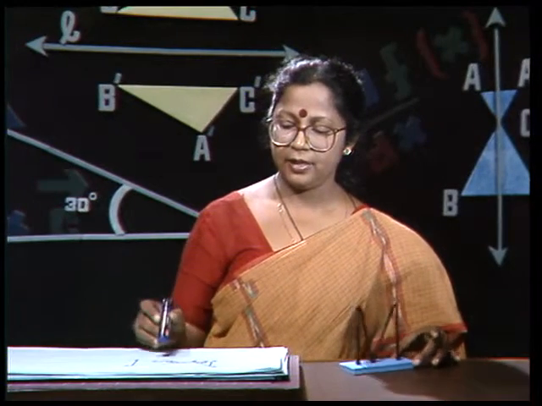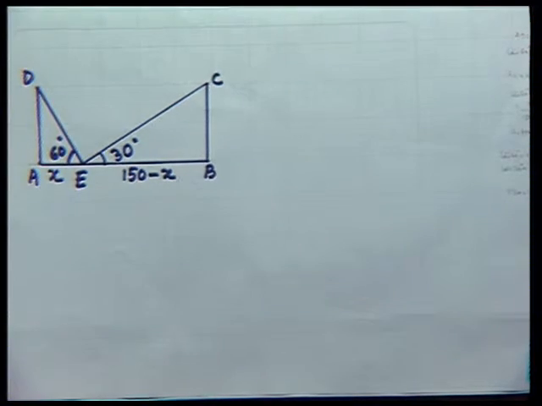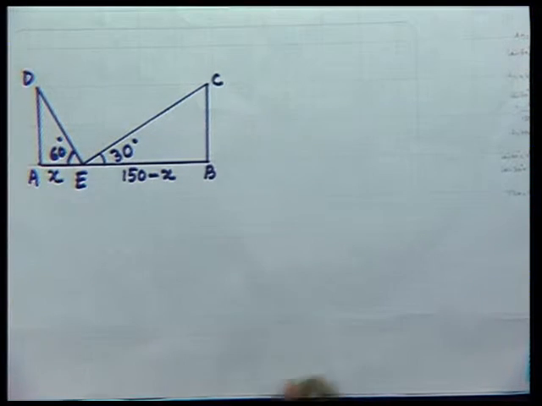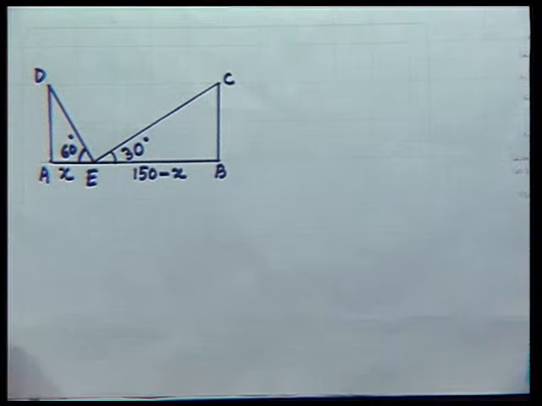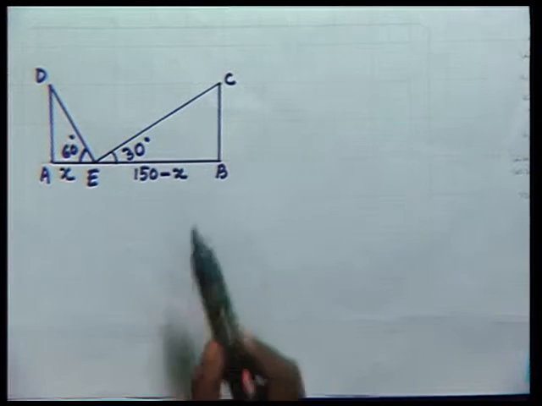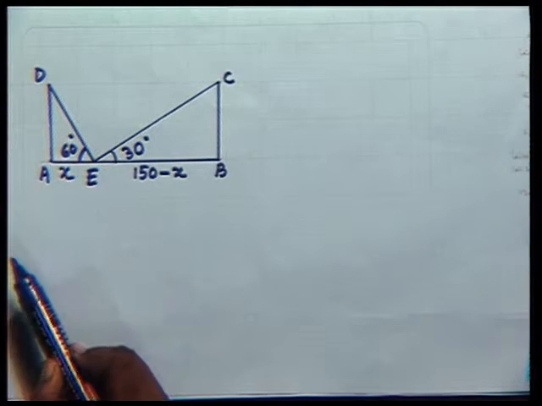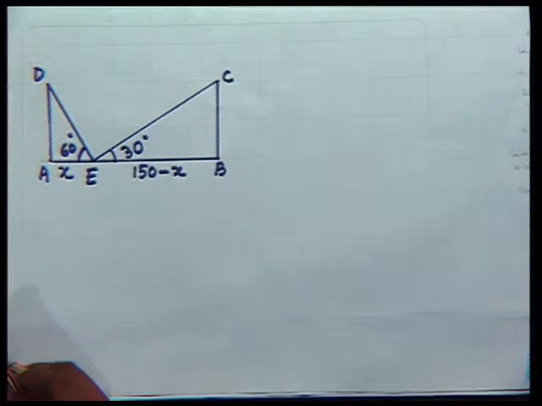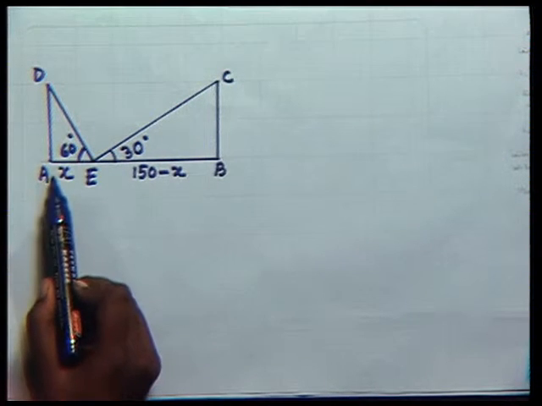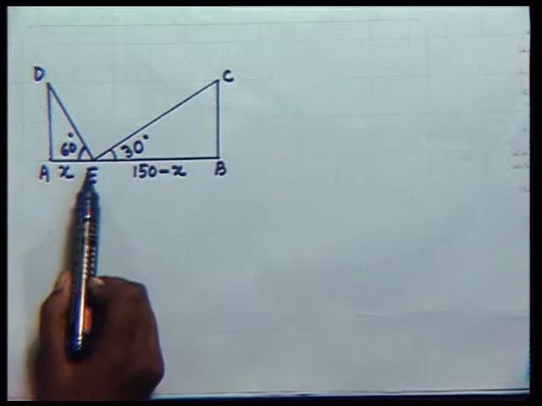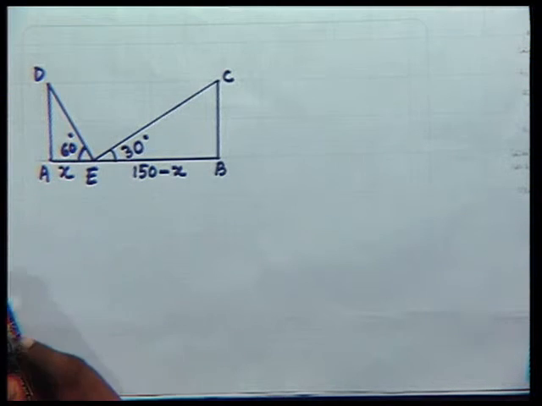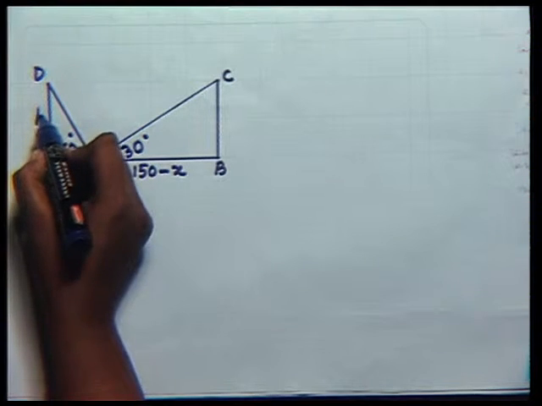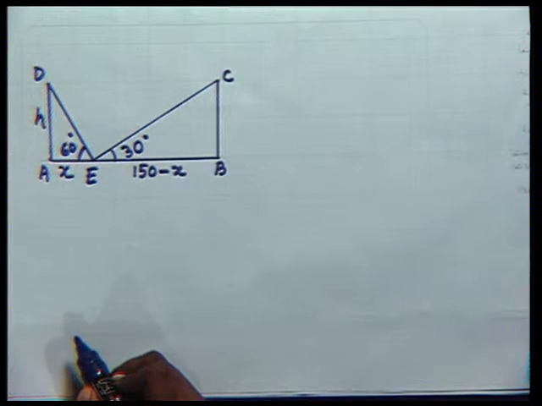Here is the figure of this model. These are the two poles AD and BC, and at point E the pole BC is making an angle of 30 degree and the pole AD is making an angle of 60 degree. Let us suppose that this distance AE is x, and let us take the height of these poles as h meters.